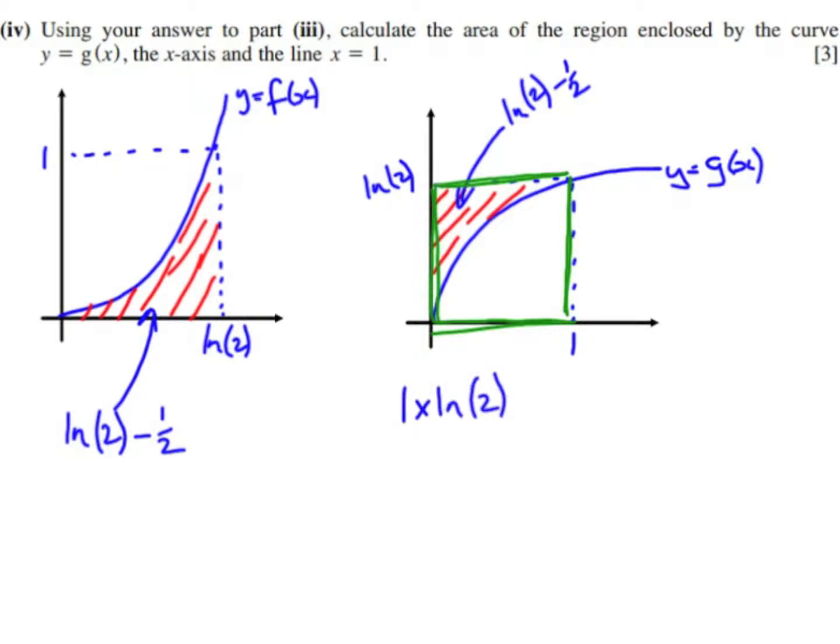So the rectangle is just 1 times log 2, and then we need to take off log 2 minus a half, being careful to add those brackets to make sure our negatives work properly. Once we've done that, log 2 minus log 2 is nothing, and negative a half is just a half.